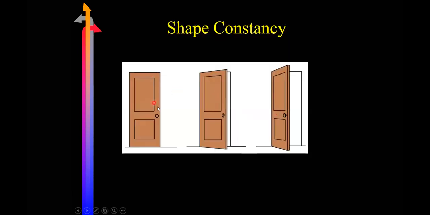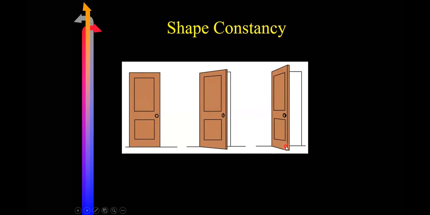Here's an example of shape constancy, another type of perceptual constancy. If you're looking at a door straight on, it forms a rectangular image on the retina. If the door is opened, the image is really no longer rectangular. Notice that now you've got a, what is it, parallelogram? I don't know, geometry was a long time ago, but it's not rectangular.